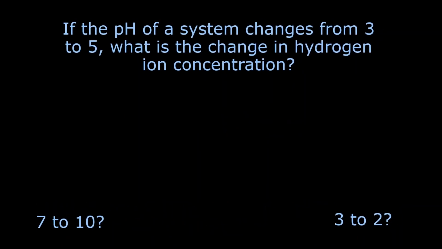All right, if the pH of a system changes from 3 to 5, what is the change in hydrogen ion concentration? Okay, so remember this. Let's help ourselves out. The pH scale goes from 0 to 14. 7 is in the middle. This is saying pick 3 and 5, which is, you remember, on the acidic side, and this was on the alkaline side.